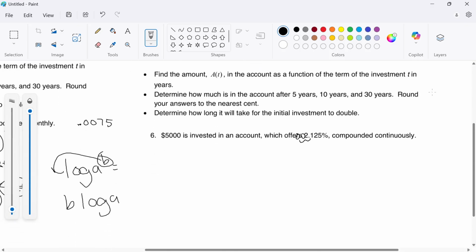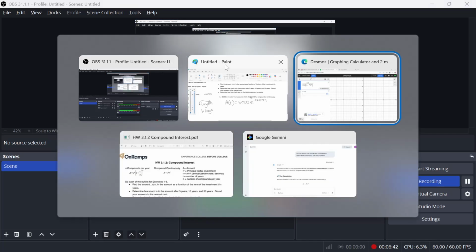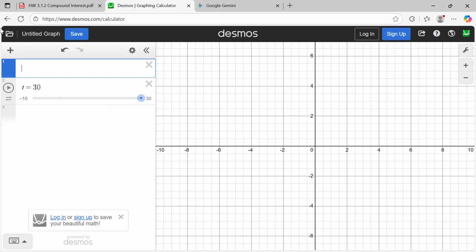So the general formula is A of t they want equals the principal, 5,000, times e to the interest rate, 2.125 divided by 100, 0.02125 times t.